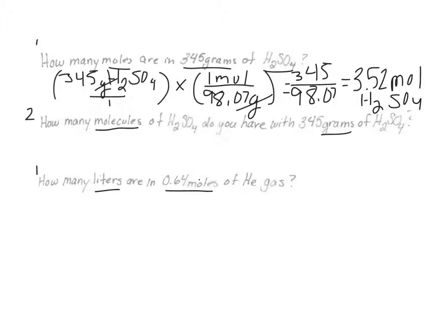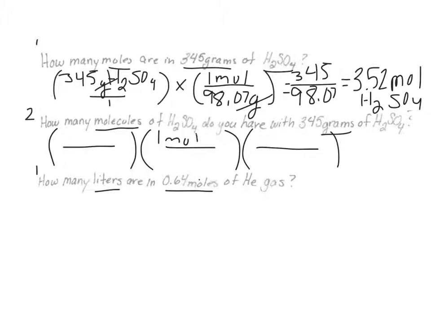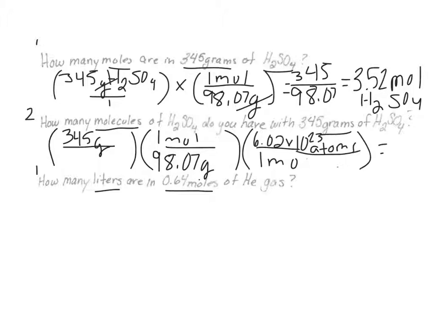Okay, let's move on to the next one. I know the next one's going to be 2 steps, so I'm going to go ahead and set it up. I'm going on mole island and then off mole island. I know I want molecules, and I know my given is in grams, right? I've got 345 grams. So this is sulfuric acid again, so I want to get rid of grams, so I'm going to use that 98.07 grams, and I want to go to atoms.